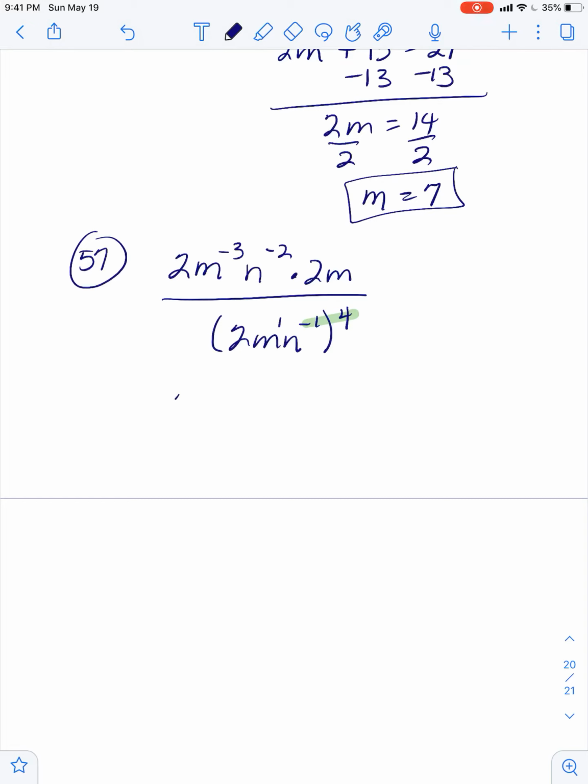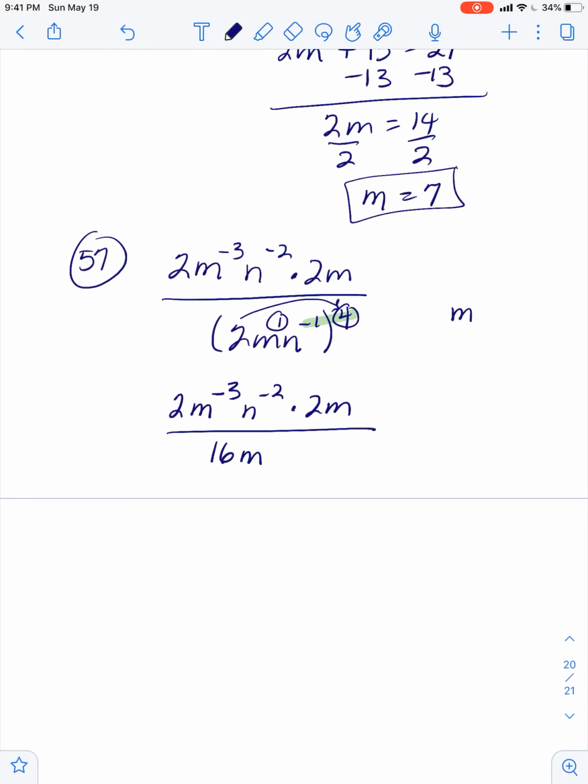Okay, so first I'm just going to rewrite my numerator. I'll deal with those negatives up there in just a minute, but I'm just going to do one thing at a time. So I'm going to take 2 to the 4th, so that would be 2 times 2 is 4, times 2 is 8, times 2 is 16. Then I need to do power to a power, which says to multiply.